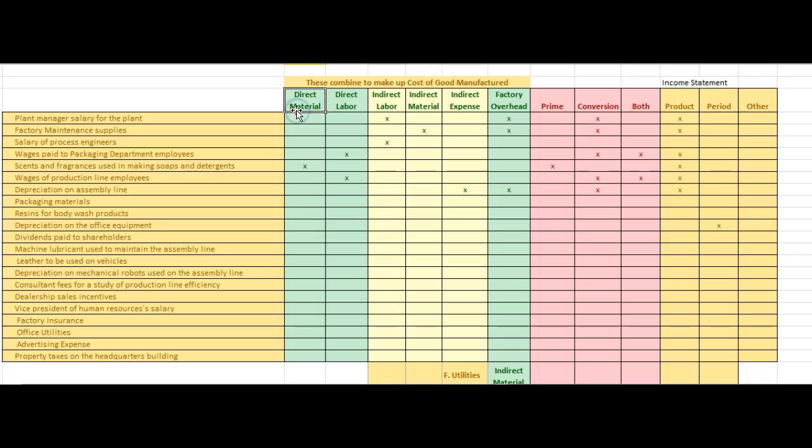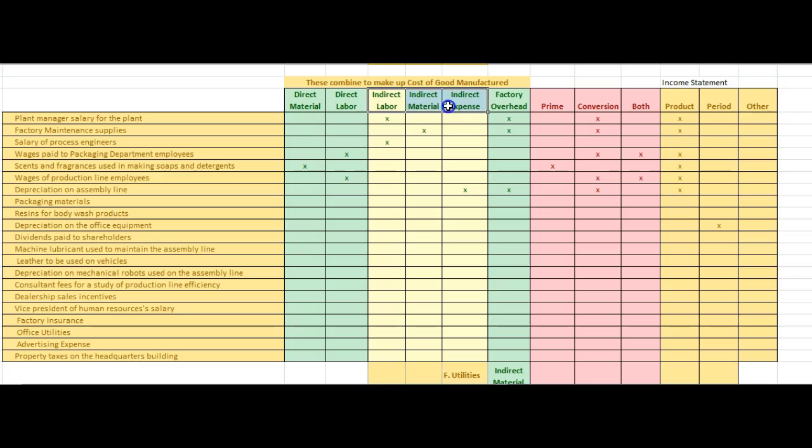So you have direct materials, you have direct labor, and you have factory overhead that make up cost of goods manufactured. Factory overhead is made up of indirect labor, indirect materials, and indirect expenses.